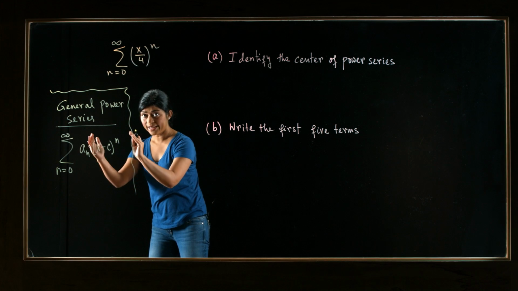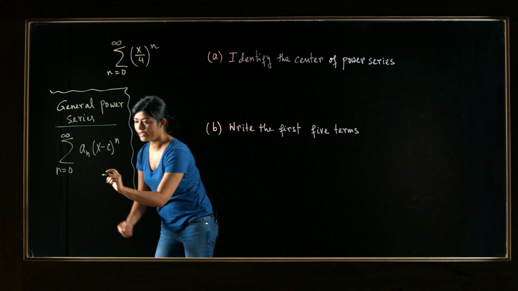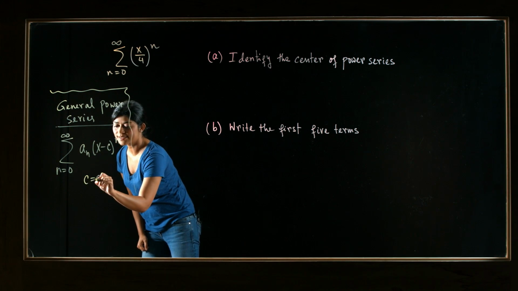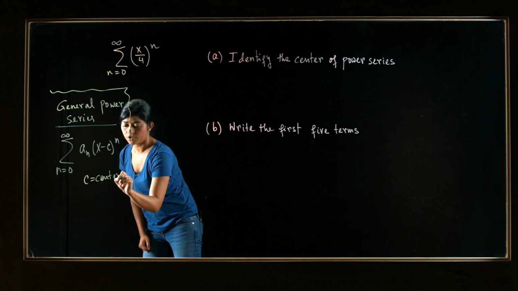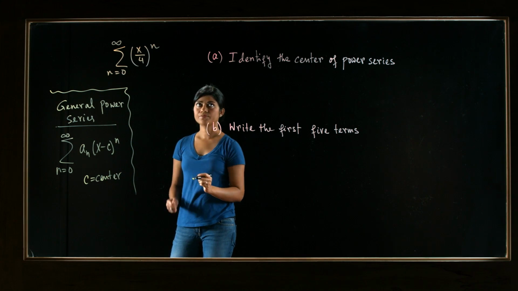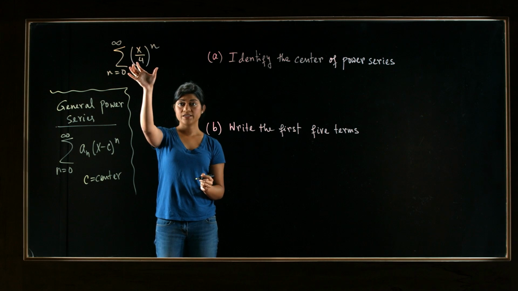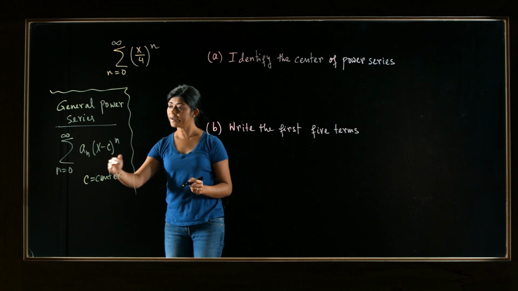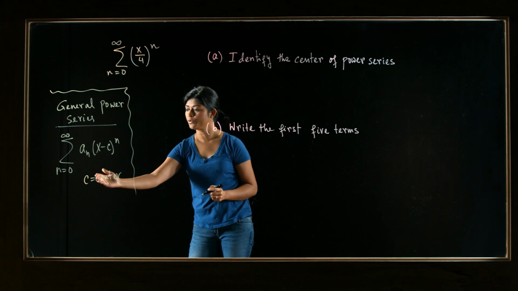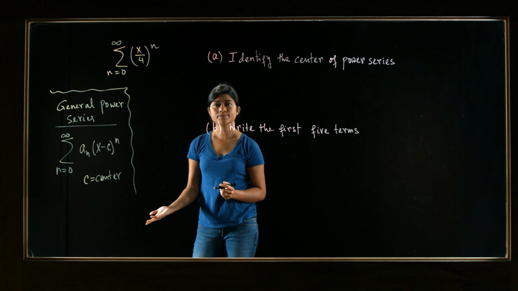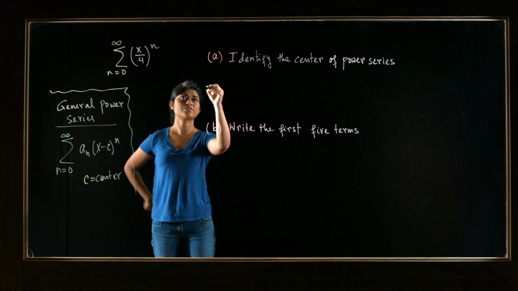When the power series is written this way, this c is the center of the power series. So take our given power series and rewrite it in this form, and then we'll be able to figure out what the center is. Okay, so let's try that.